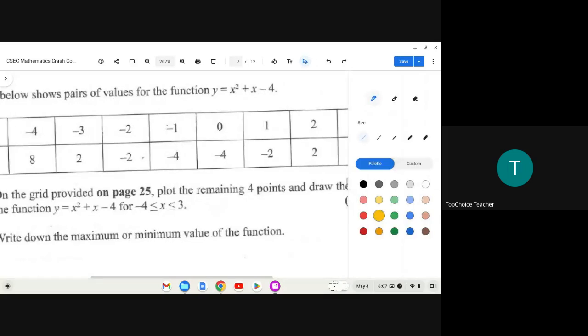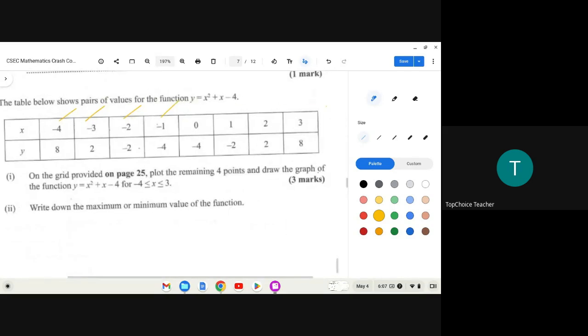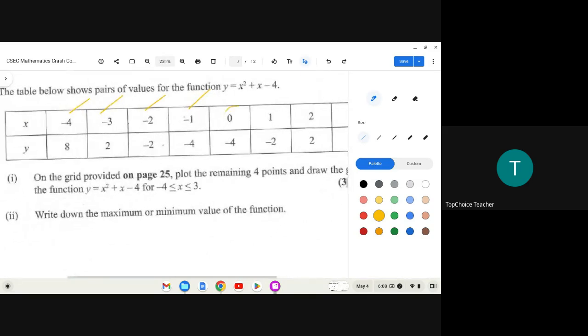So they already did us a solid and plotted these points for us up to here. We need to plot these last 4 coordinates. So what we're going to do is look for 0 on the x-axis and -4 on the y-axis. Okay, I want you to remember that. 0 on the x, -4 on the y.